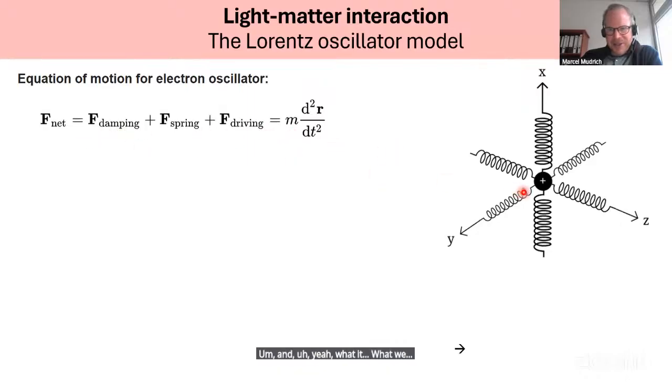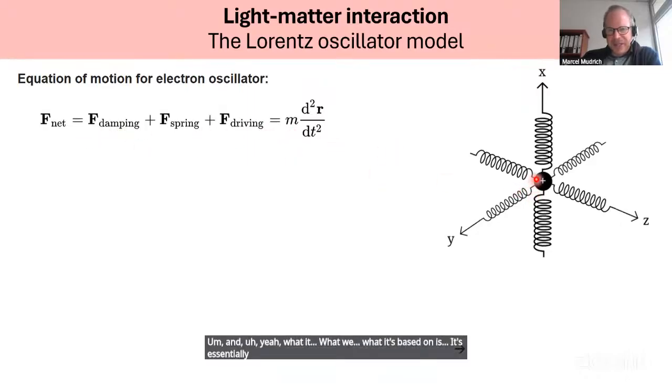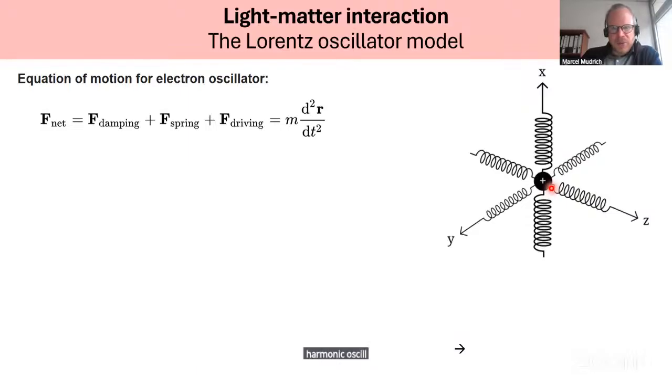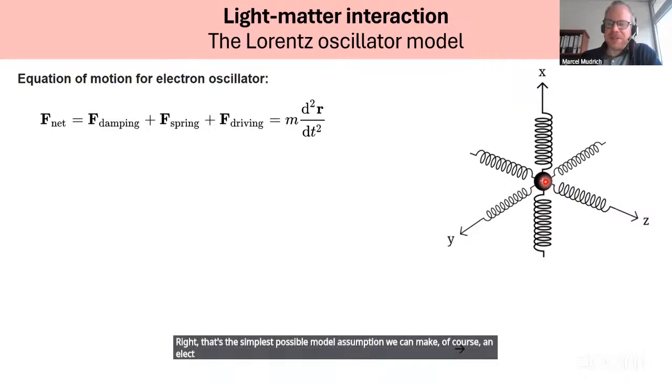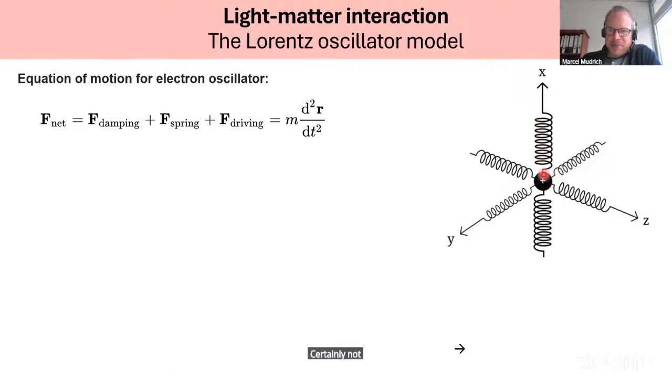What it's based on is essentially just a classical harmonic oscillator. Which, to make it realistic, is a three-dimensional harmonic oscillator to describe one single electron bound in an atom that is driven by a light field, by an electromagnetic wave. Right? That's the simplest possible model assumption we can make. Of course, an electron in an atom is certainly not bound in a harmonic potential or by harmonic forces.